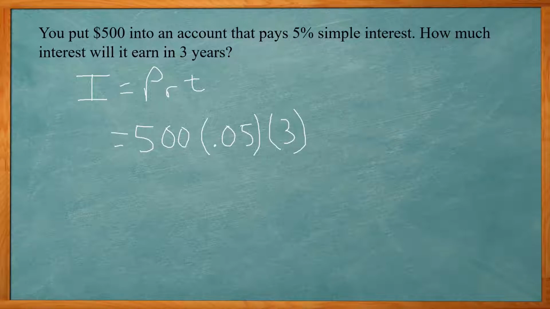All right, so 500 times 0.05 times 3. You put that in your calculator, you get $75. So $500 in a 5% simple interest account will earn $75 in 3 years.